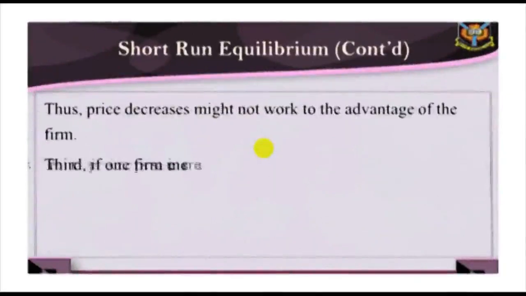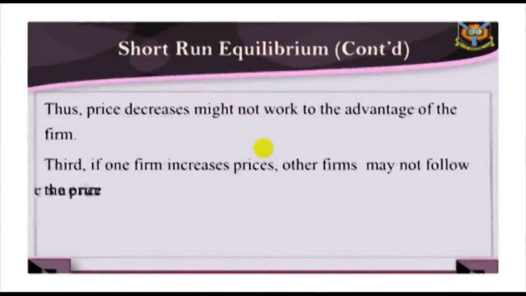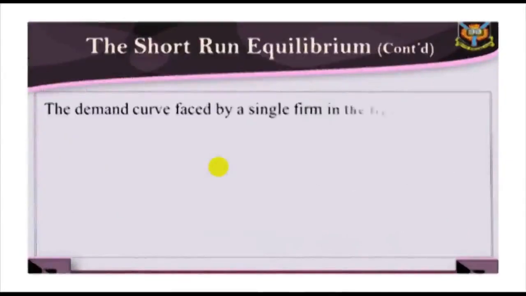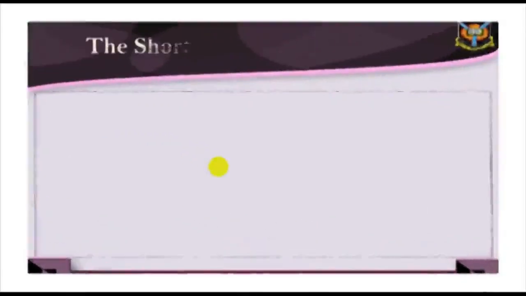Third, if one firm increases price, other firms may not follow the price increase. This firm will lose its customers to other firms who have not increased their prices. The demand curve faced by a single firm in such a situation is pictured diagrammatically in the figure above as FDE.